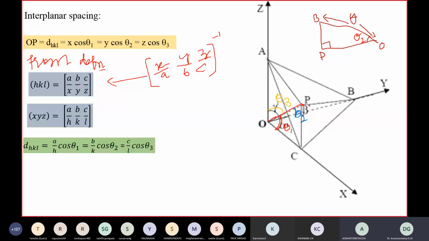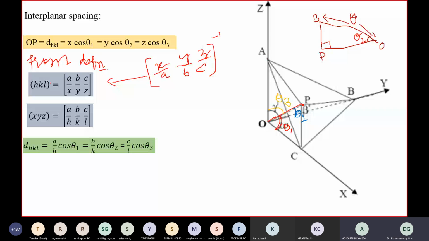Actually, we have to take that LCM also, no, sir? If you take LCM, finally you will get HKL. You have to take LCM of A by X, B by Y, C by Z values.